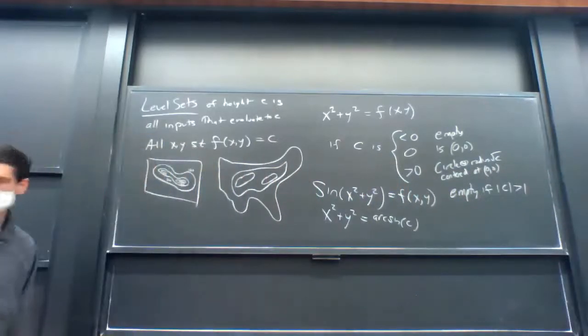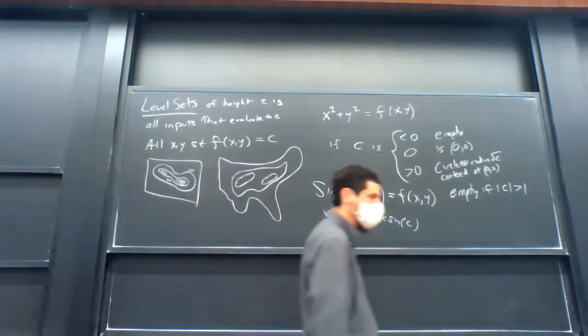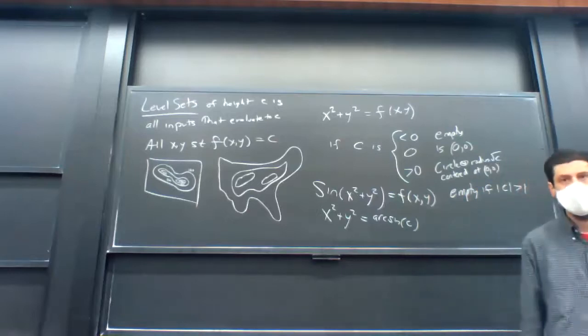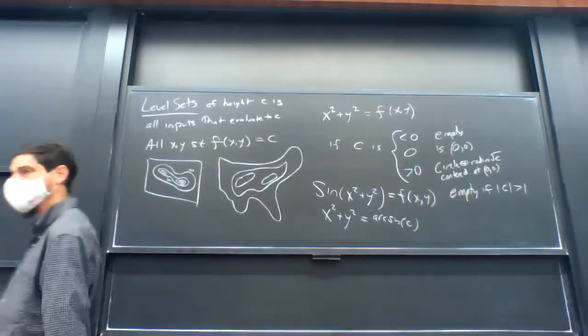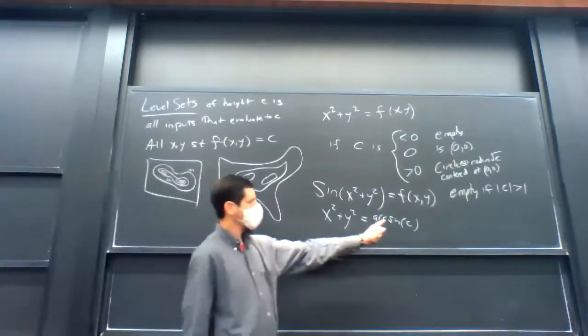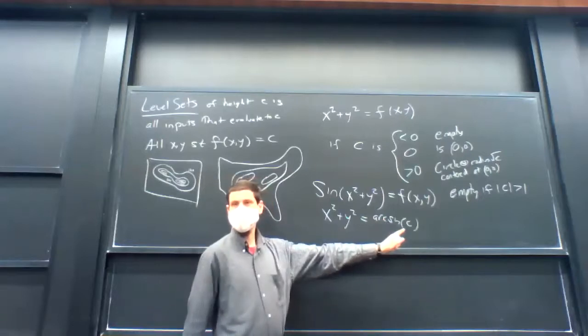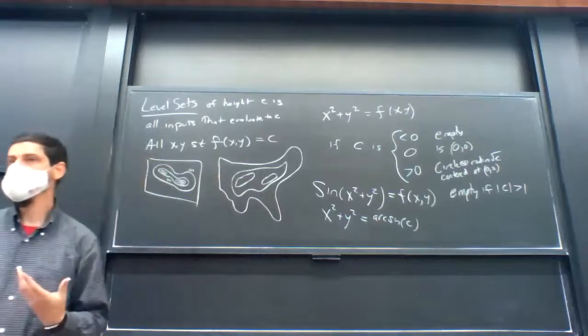What are they going to look like? So you get x squared plus y squared equals arc sine of c. What is arc sine of c? Where does that live?